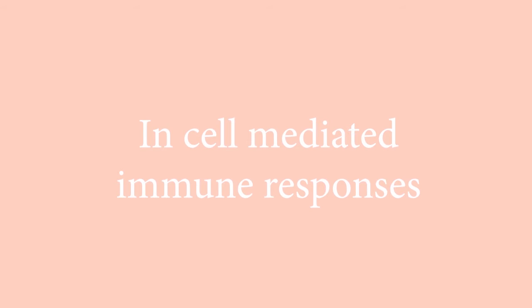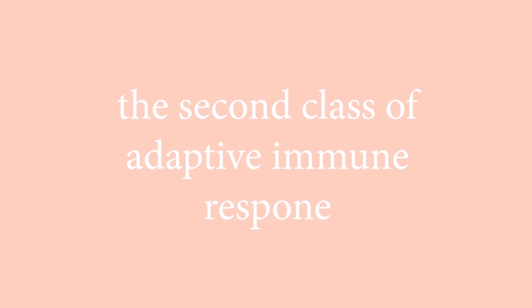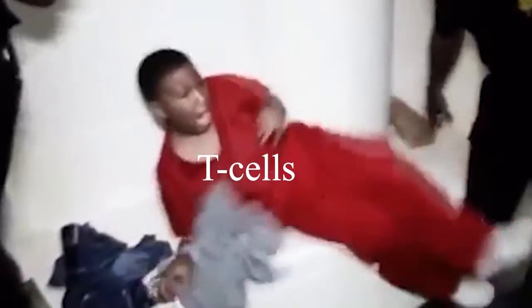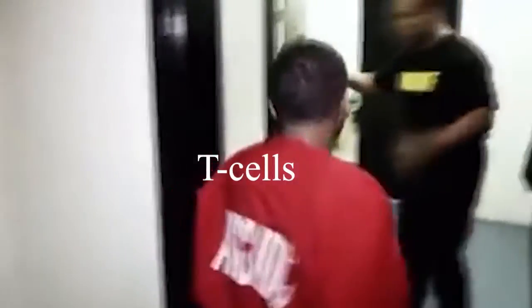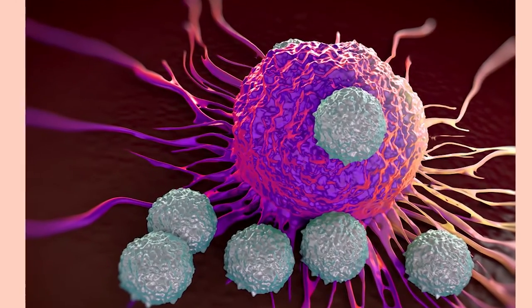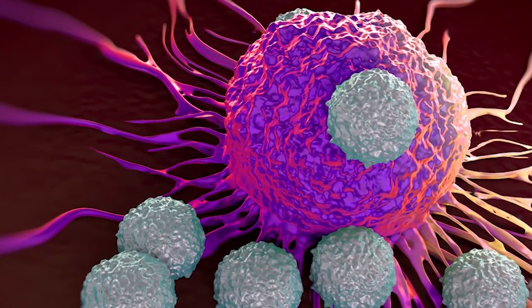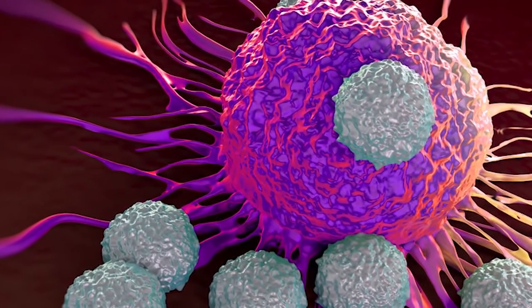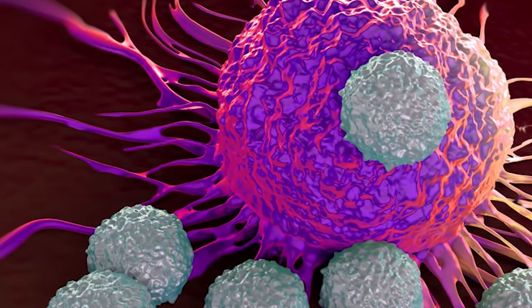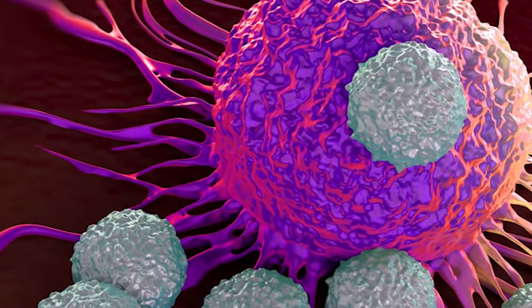In cell-mediated immune responses, the second class of adaptive immune response, activated T cells react directly against a foreign antigen that is presented to them on the surface of a host cell. The T cell, for example, might kill a virus-infected host cell that has viral antigens on its surface, thereby eliminating the infected cell before the virus has had a chance to replicate.